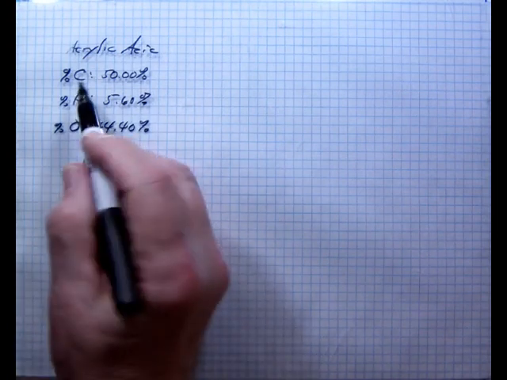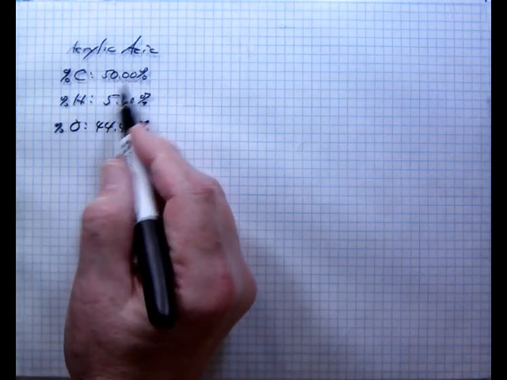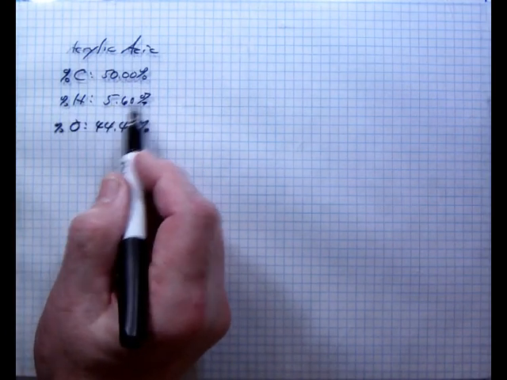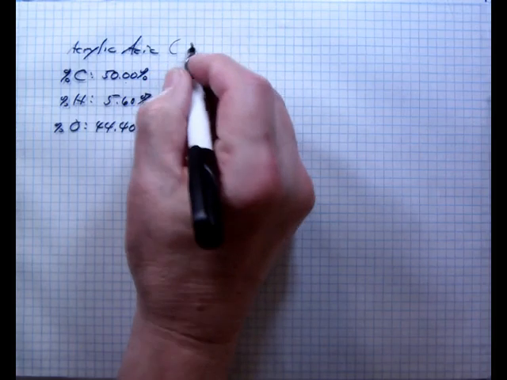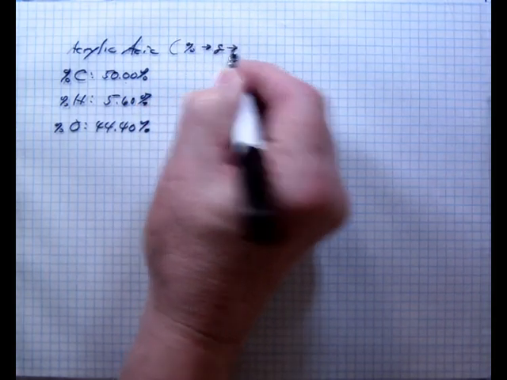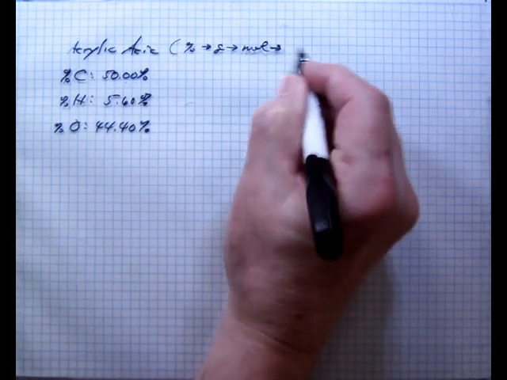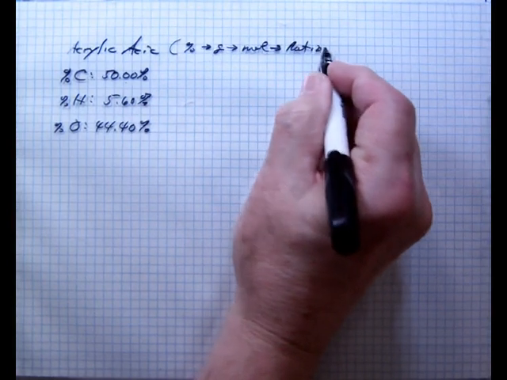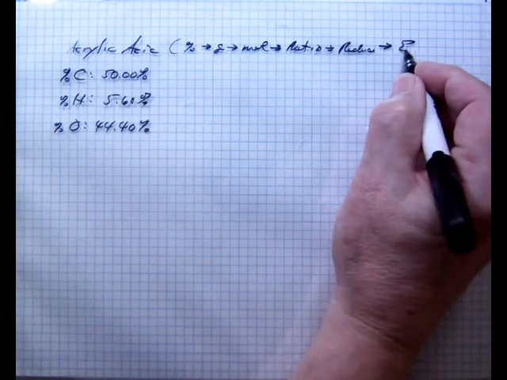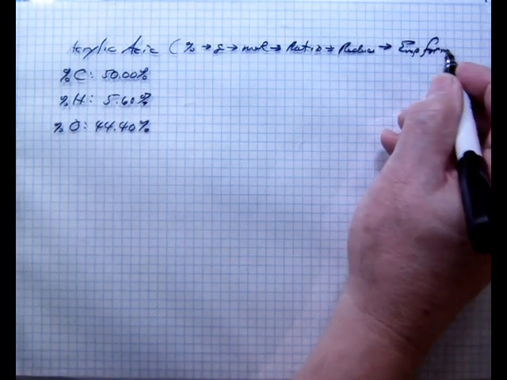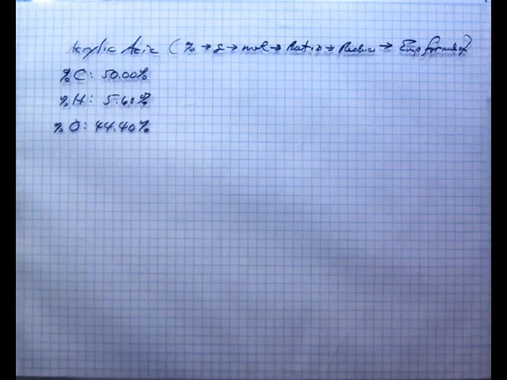Acrylic acid, carbon's 50% by weight, hydrogen 5.06 by weight, oxygen 44.4 by weight. And if we follow the procedure, percent to grams to moles ratio, reduce, and then we get the empirical formula, like that.